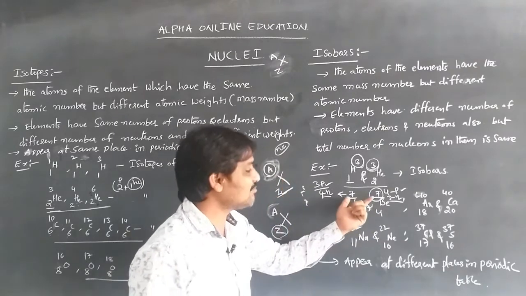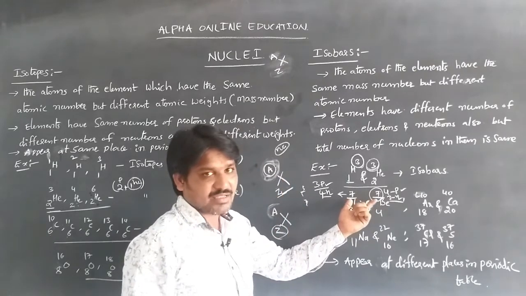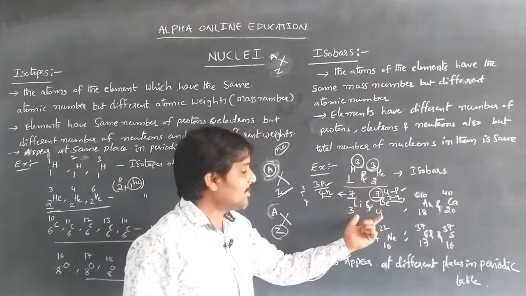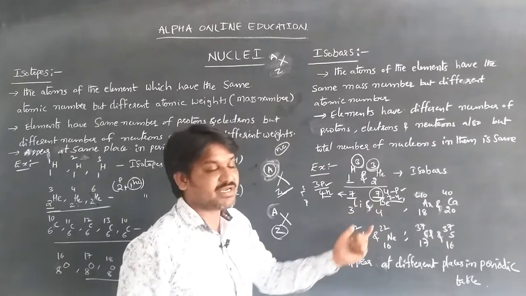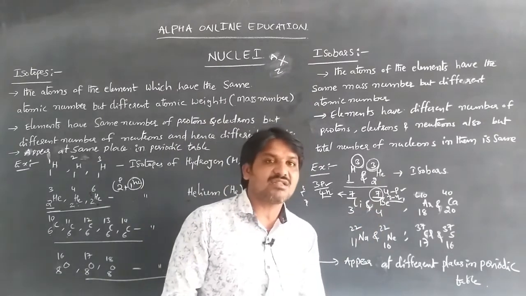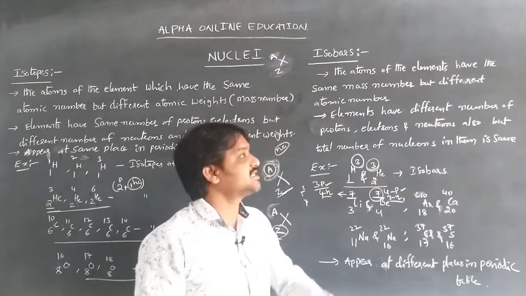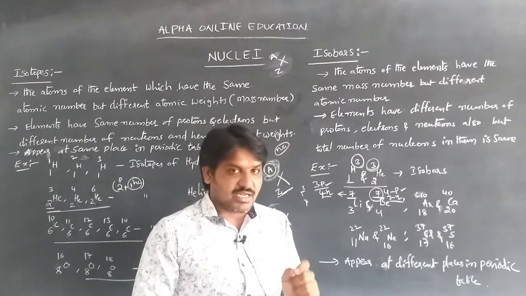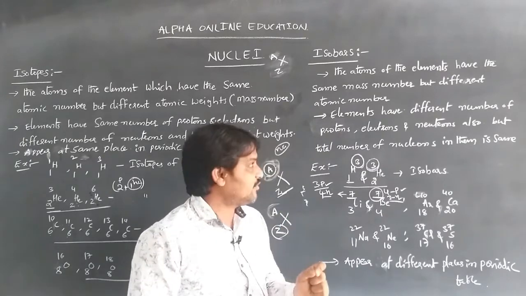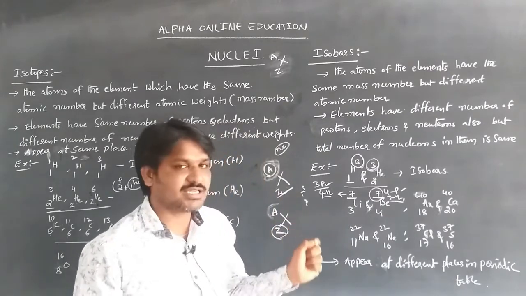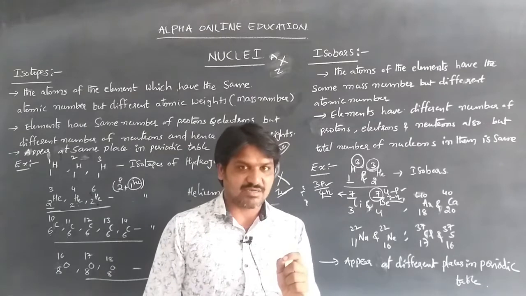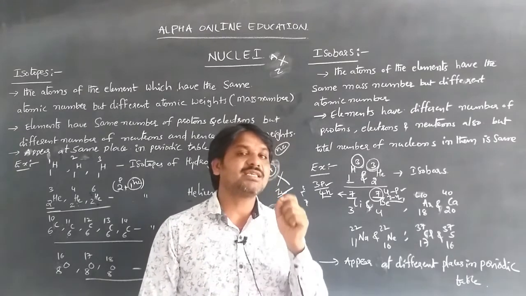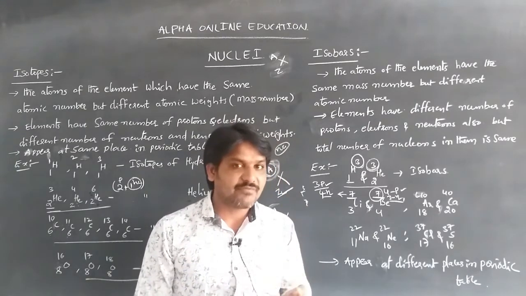So the atomic mass number is the same, but the atomic number is different. Different elements having the same atomic mass number are considered isobars.